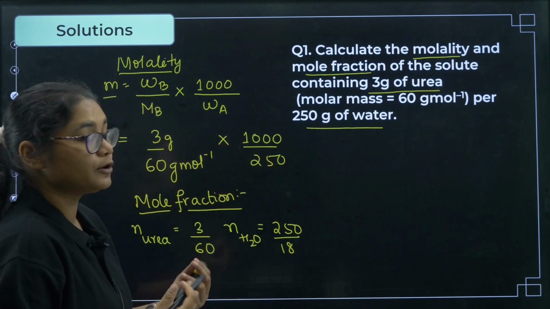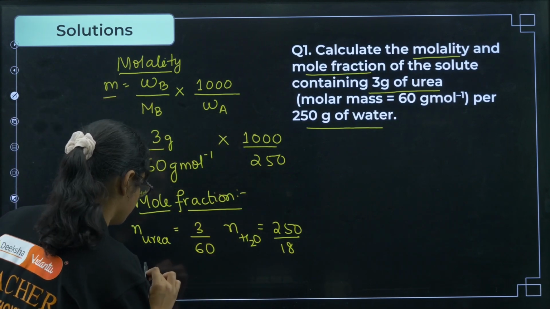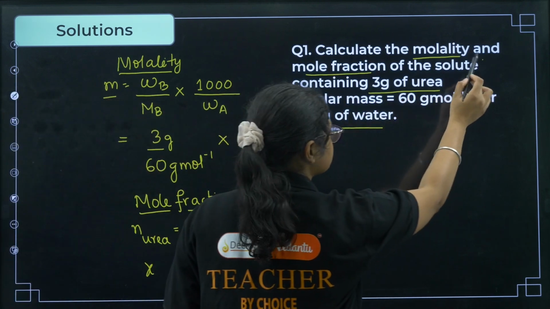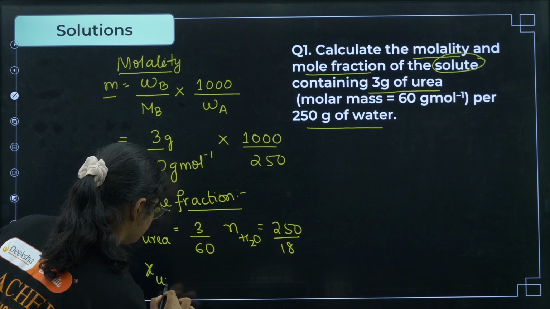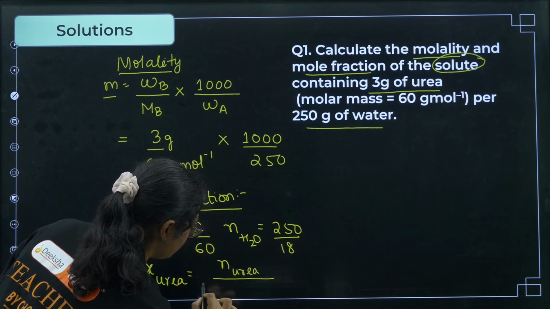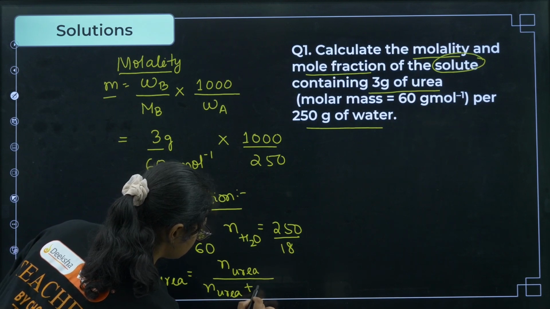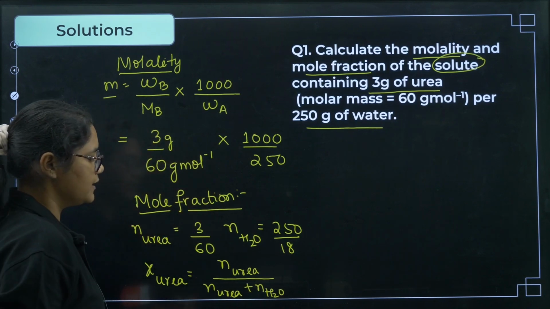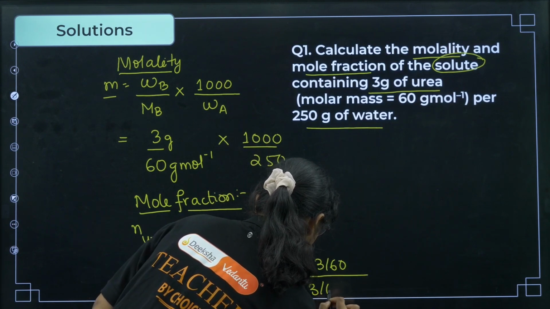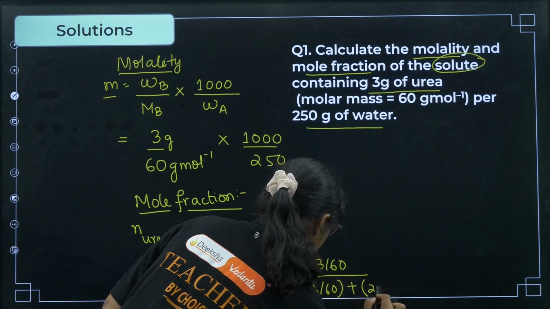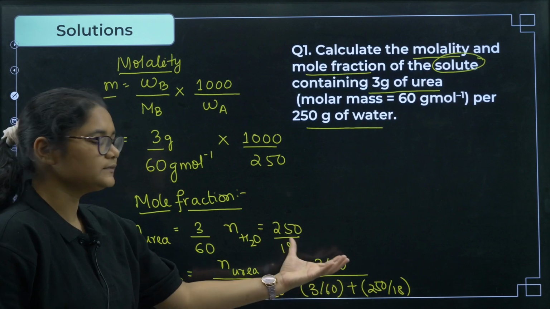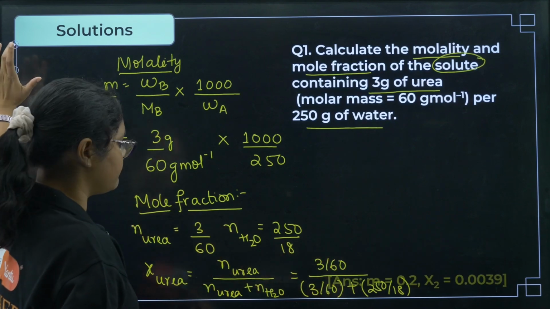The mole fraction of the solute, which is urea, equals the number of moles of urea divided by the number of moles of urea plus the number of moles of water. So it is 3 by 60 divided by 3 by 60 plus 250 by 18. Now you can solve this part and you will get the answers.